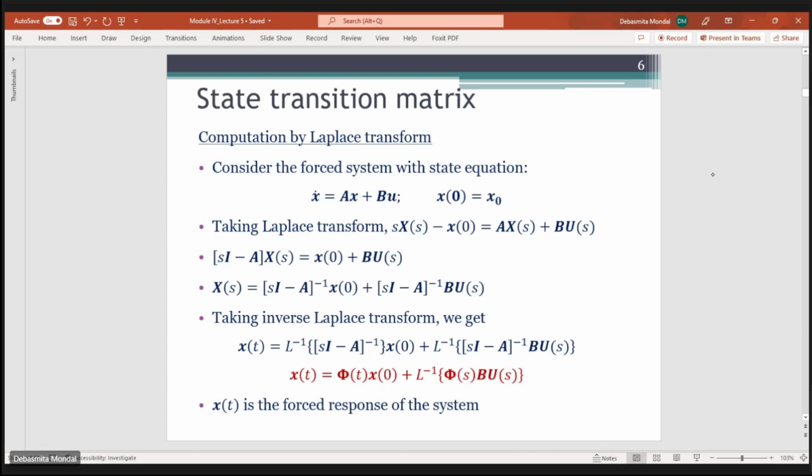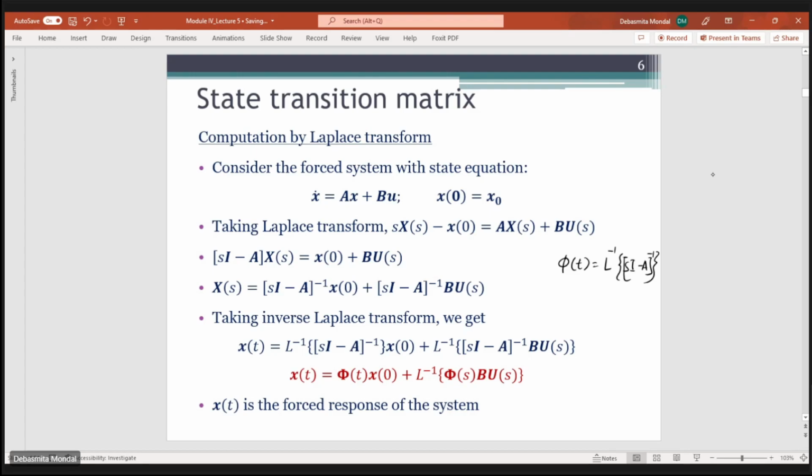In the previous case we had seen that phi(t) is nothing but the Laplace inverse of (sI minus A) inverse, so you can simply substitute this by the state transition matrix phi(t).